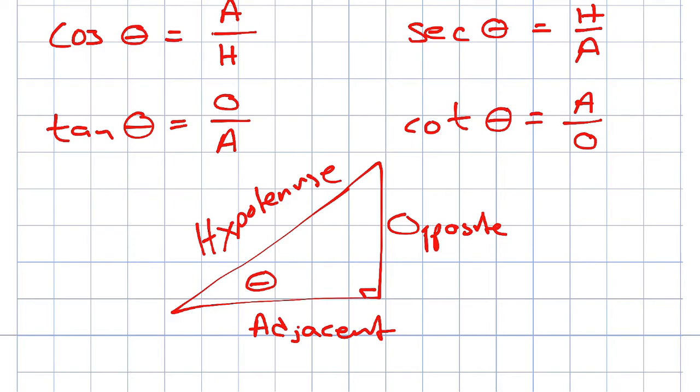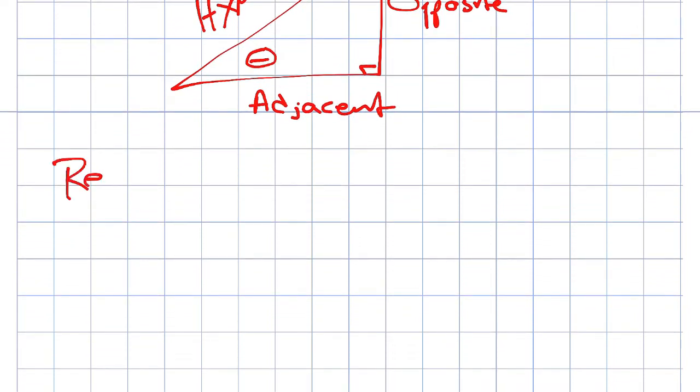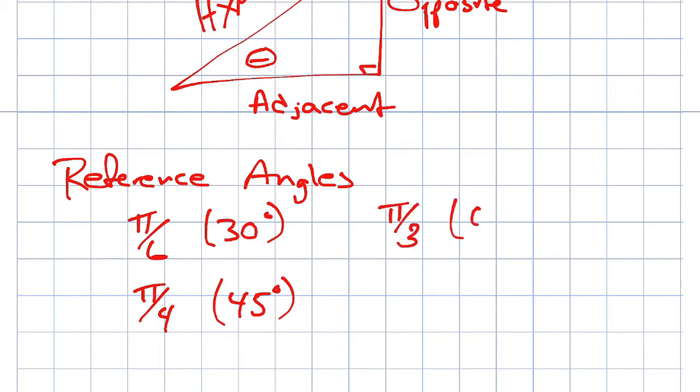You're only going to have reference angles to use without a calculator of pi over 6, which is 30 degrees, pi over 4, which is 45 degrees, pi over 3, which is 60 degrees, and pi over 2, which is 90 degrees. You may have multiples of those.